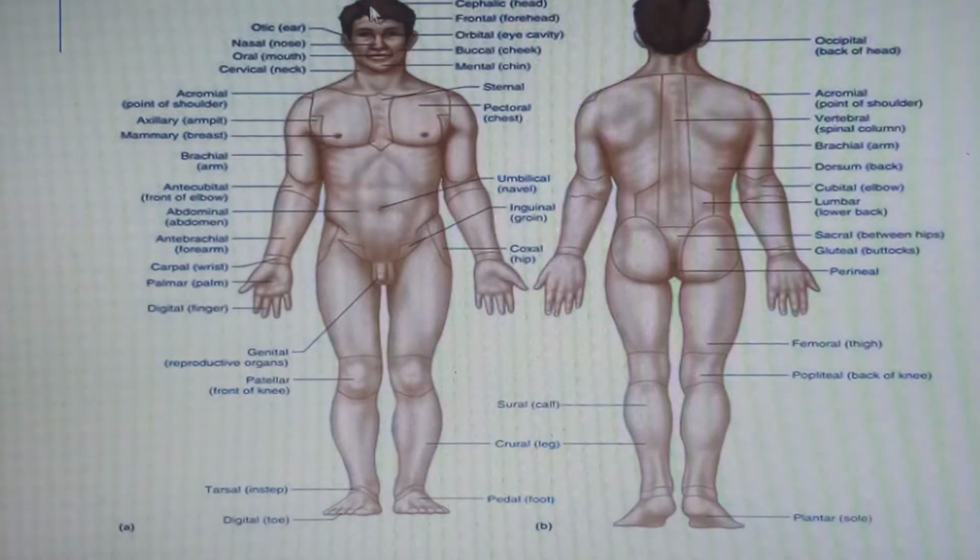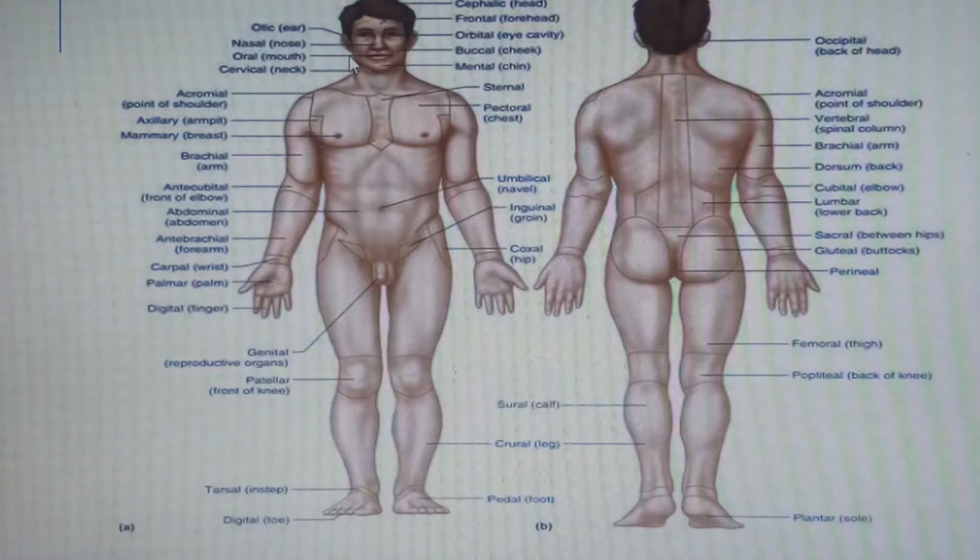Usually when we talk about the head, we say cephalic or cranial, and the forehead is frontal. The eye has to do with orbital or ocular. The cheeks are called buccal, and the chin we say mental.